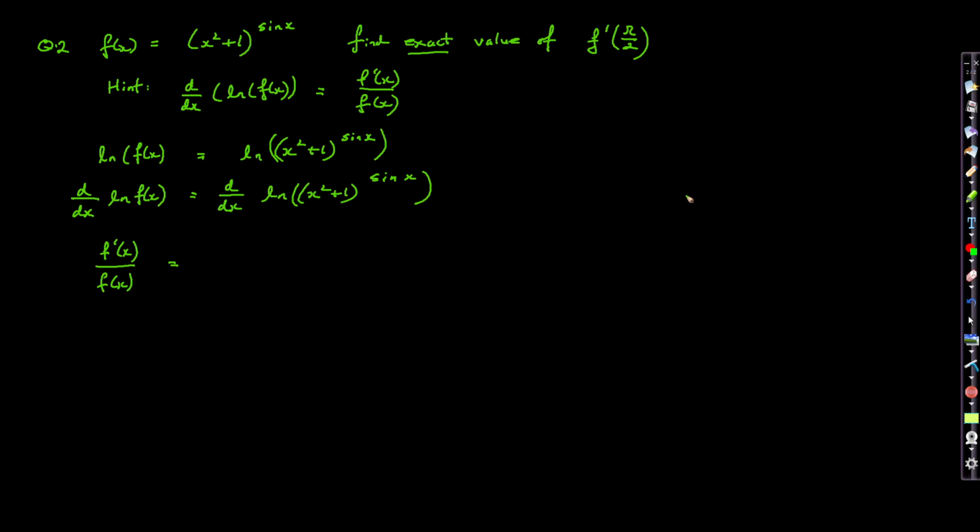We can use one of the laws of logs: log of a to the power of b is equal to b log a, where b is the power on this a part here. So we can change it to the derivative with respect to x of sine x times the natural log of x squared plus 1. Now that's definitely derivable because we can just use the product rule for that.